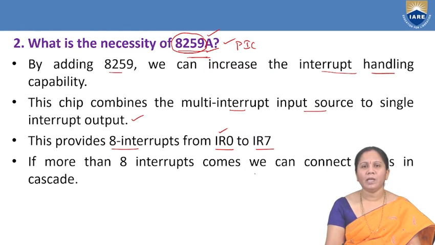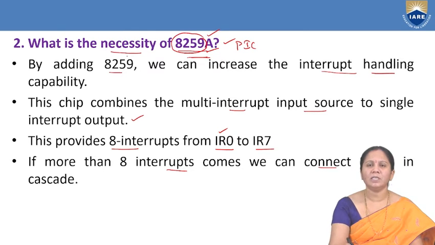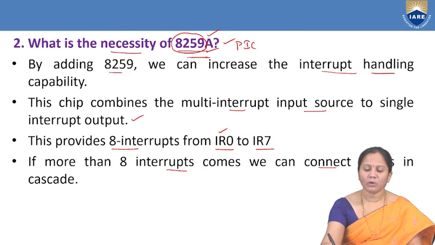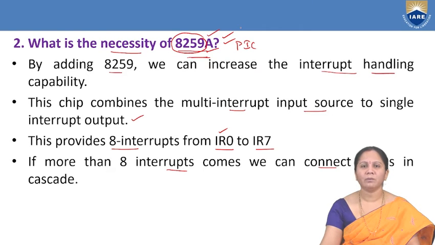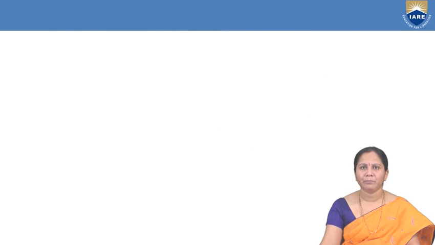In any case, each IC has only 8 interrupt pins. If more than 8 interrupts occur, we have to connect more 8259s in cascade using a master-slave configuration. So simply to say, in order to increase the interrupt handling capability, we use this 8259 Programmable Interrupt Controller.